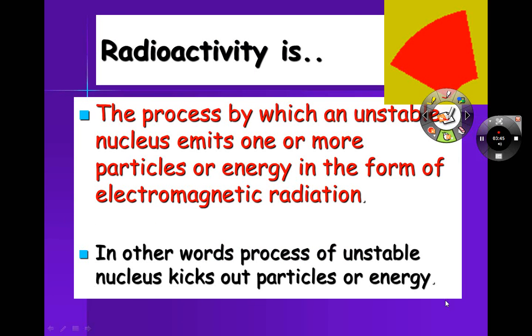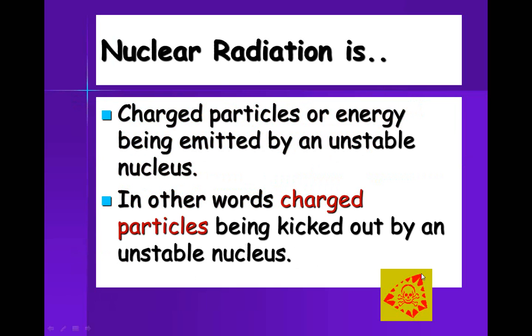Radioactivity is a process by which an unstable nucleus emits one or more particles of energy in the form of electromagnetic radiation. Charged particles are being emitted from an unstable nucleus, in other words, kicked out by an unstable nucleus.